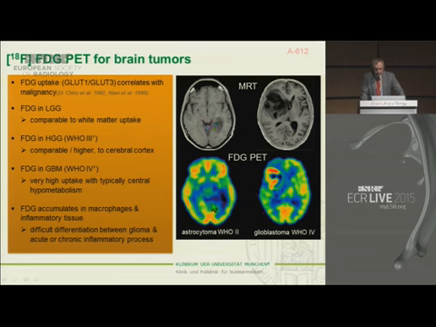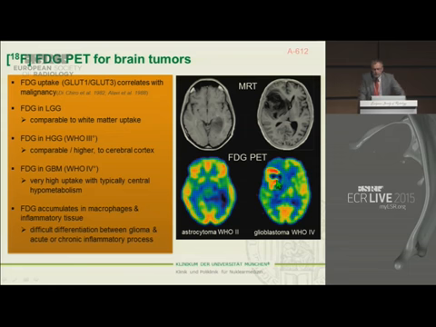You see it's a WHO grade 2 astrocytoma, but you cannot delineate it since you have the high FDG physiological uptake in the cortex, and you cannot see that. It is much easier if you have a malignant WHO grade 4 tumor where you have a high uptake and typically a central hypermetabolism.